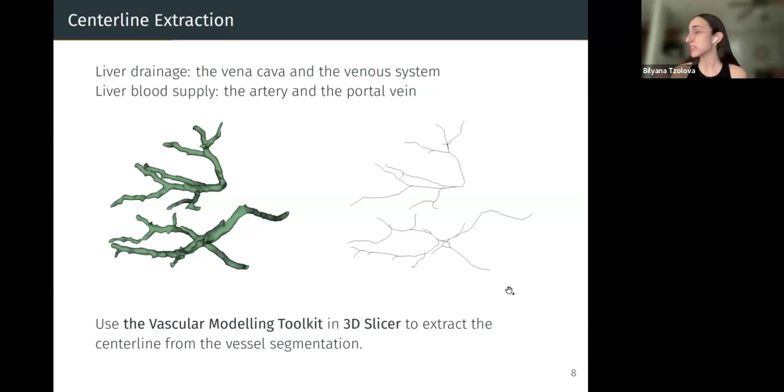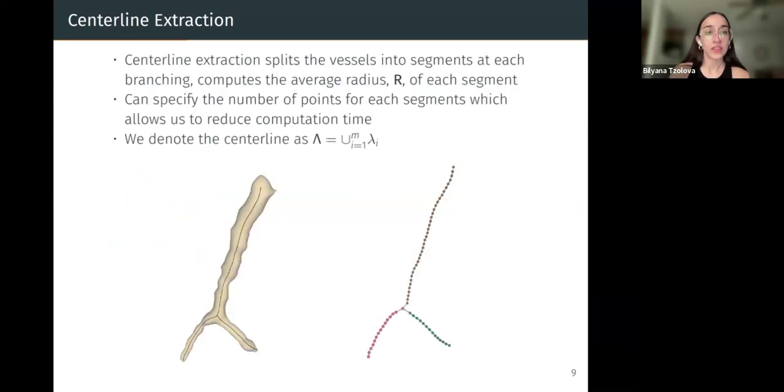So in order to create this 1D structure, we're going to use the vascular modeling toolkit in 3D Slicer. The centerline extraction that we get from this toolkit splits our vessel into segments at each branching point. So this vessel here is converted into 3 different branches, and it gives us the average radius for each of these segments.